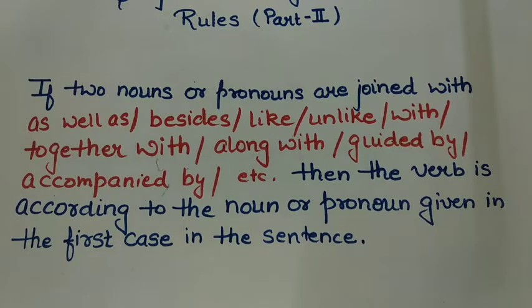Means if two phrases are joined with the help of these words, then we have to use the first noun or pronoun. Let us try to look at one example and try to understand this.